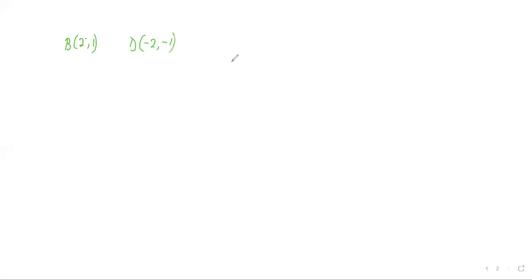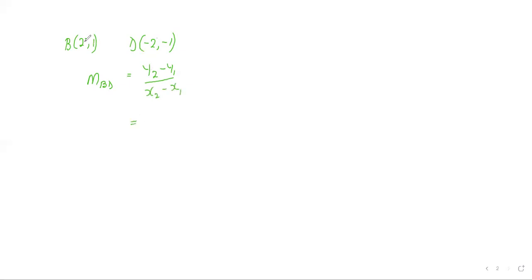So the slope of BD will equal y2 minus y1 over x2 minus x1.